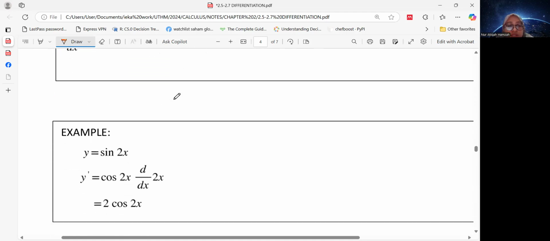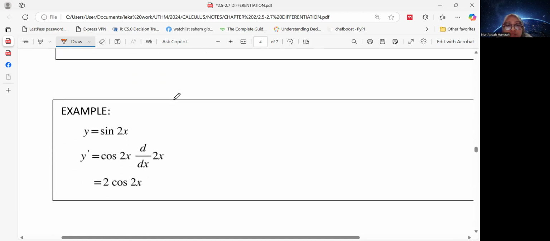Okay, contohnya kat sini. y is equal to sin 2x. Kita tahu kalau sin x dapat cos x, tapi kalau sin 2x kat sini kita kena gunakan chain rule. So y prime becomes cos 2x, d over dx 2x. So d over dx 2x we got 2.